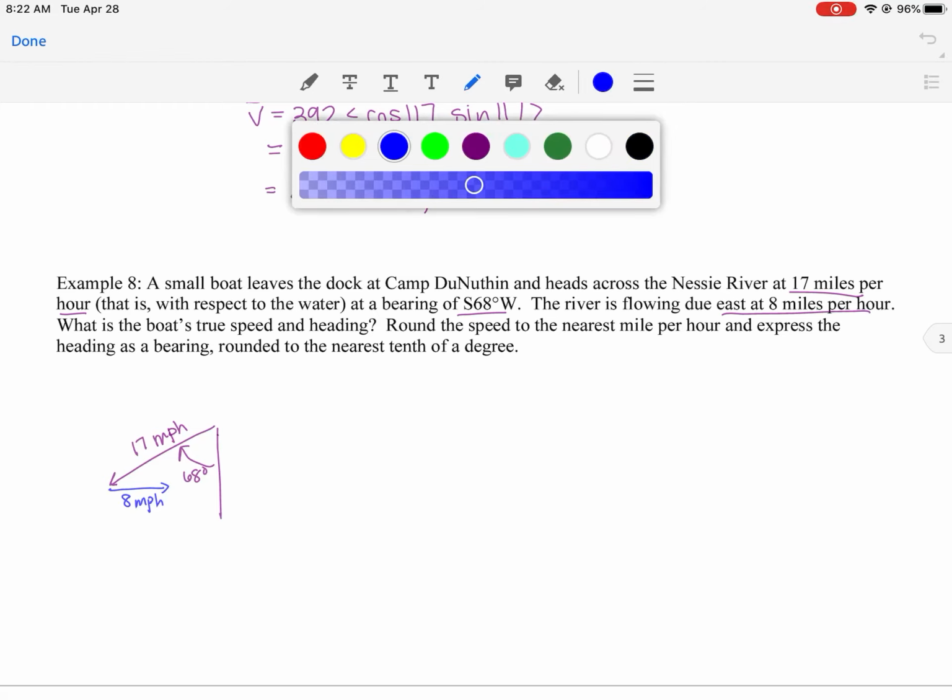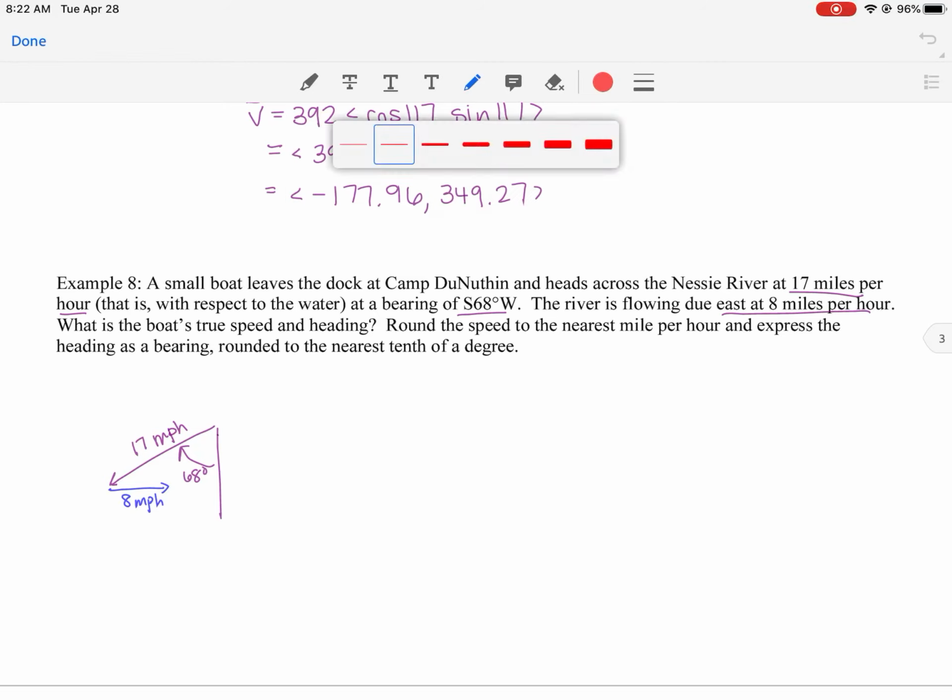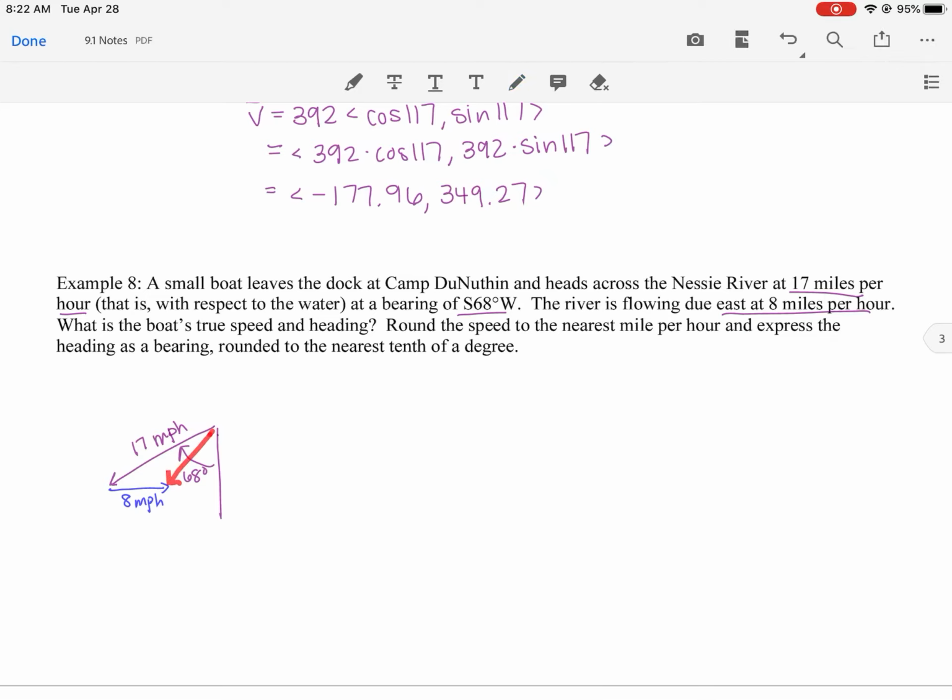If you were in this boat, you would head along this red line from the initial point to the terminal point. Think about adding those two vectors, right? You're not going to go the exact direction you were initially headed because of that stream.